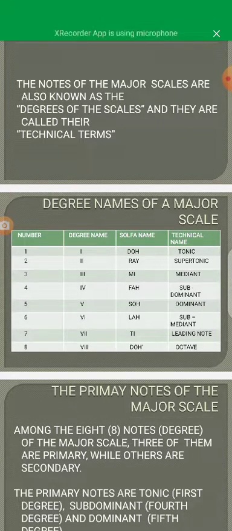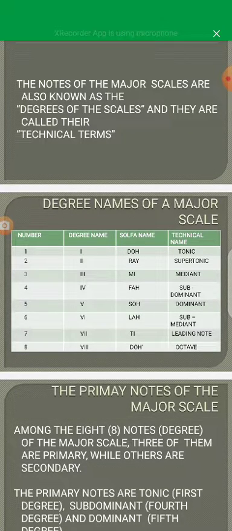Now take a look at the number one. The degree name is I, Roman figure I. Always keep it at the back of your mind that the degree is usually represented by the Roman numerals, that's the Roman figures. In music, degree is represented with Roman figures.